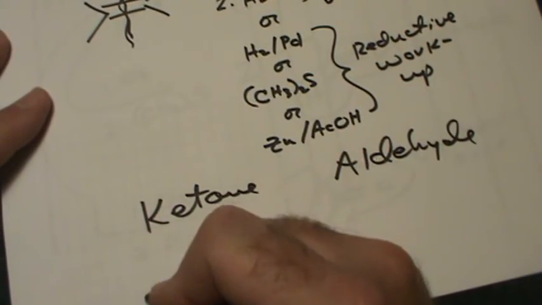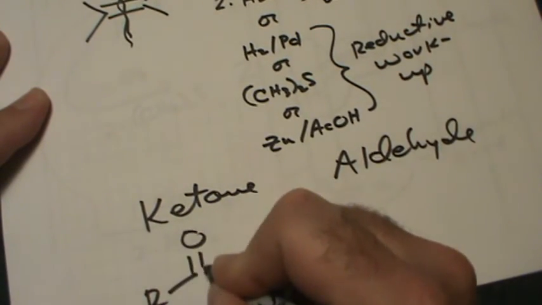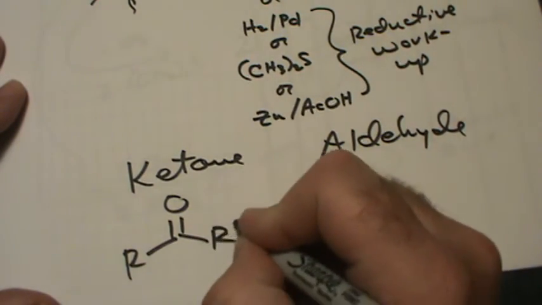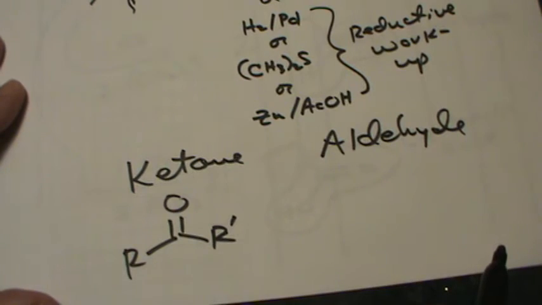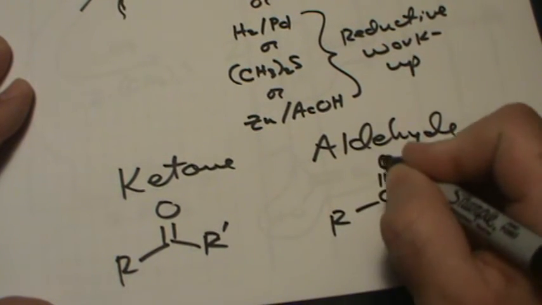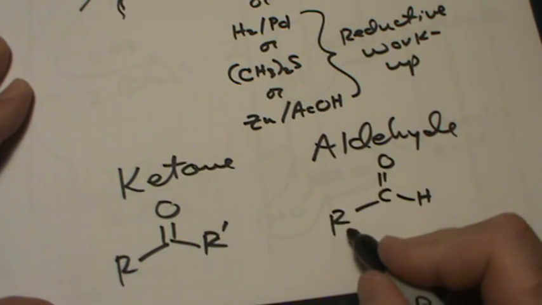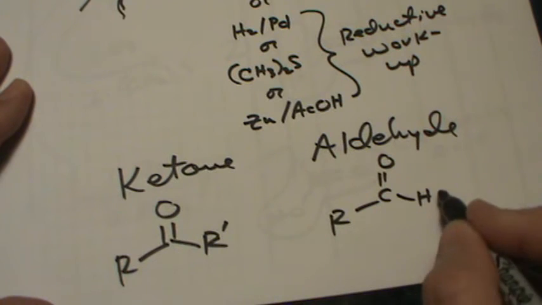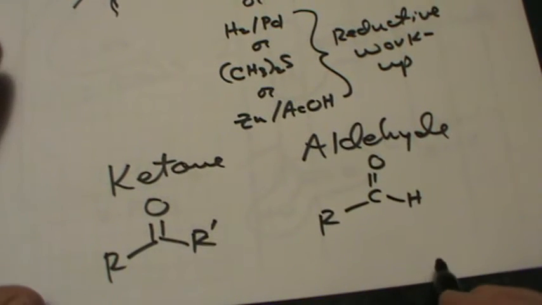Well, a ketone has an R group attached to a carbonyl, which is in turn attached to another R group, and it can be the same as that R group or it can be different. I'll call it R prime here. Whereas an aldehyde has an R group attached to that carbonyl carbon, and it's attached to a hydrogen. And there's the difference.